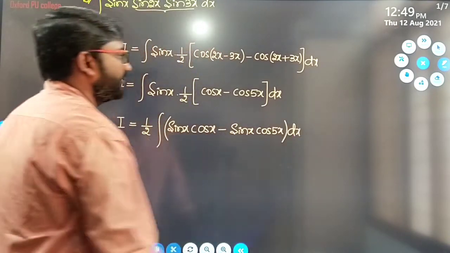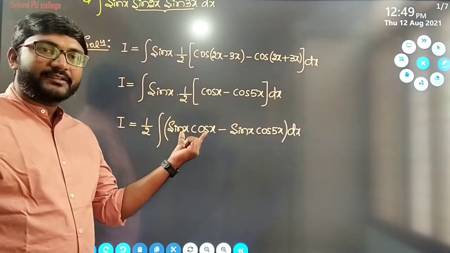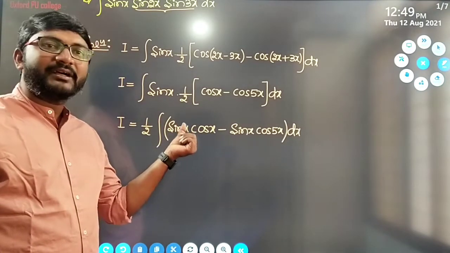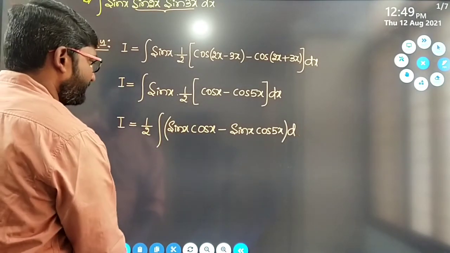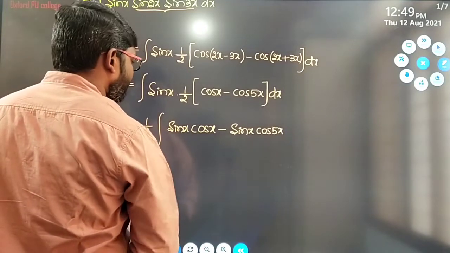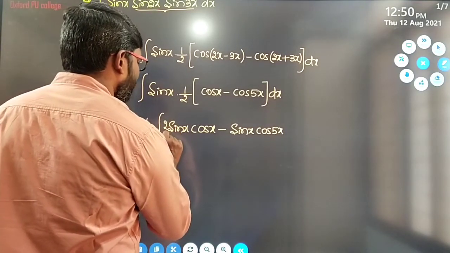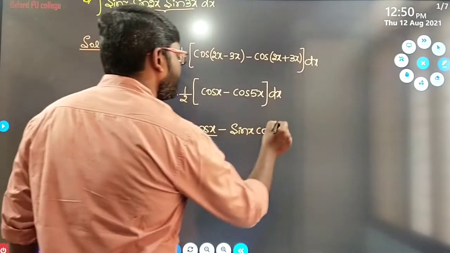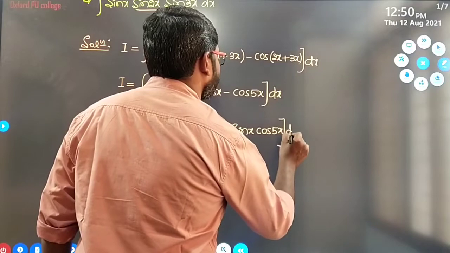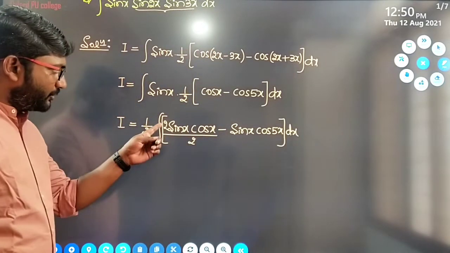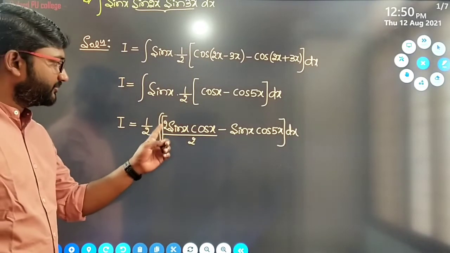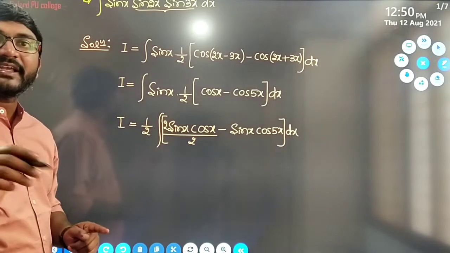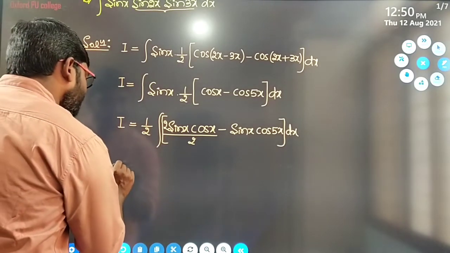So now for this particular term, I will be multiplying and dividing by 2. So in the same step, I can multiply and divide by 2 here and write dx here. So now see here, the 2 gets cancelled. We have the previous term. So 2 sin x into cos x, it will be sin 2x.